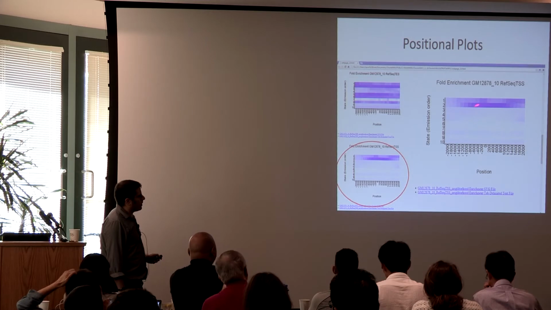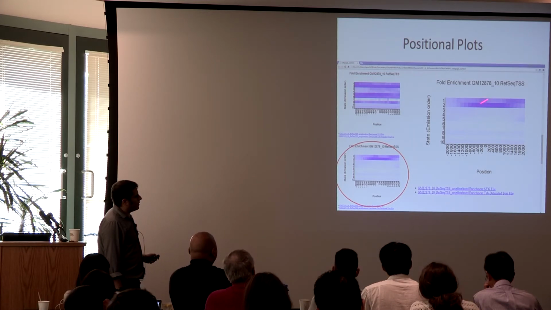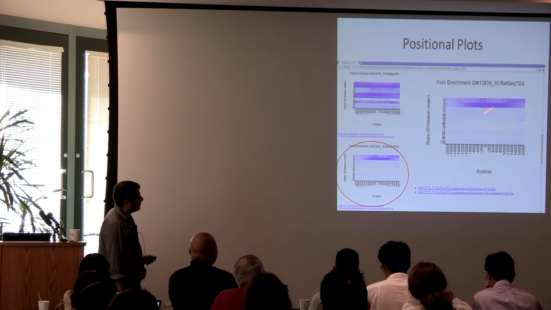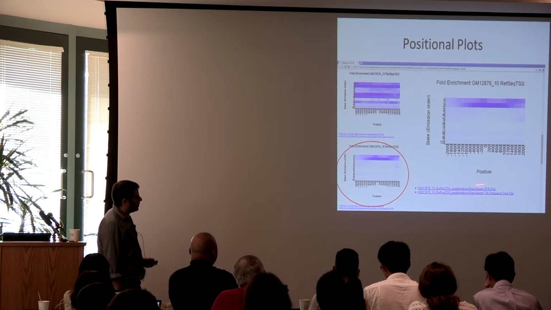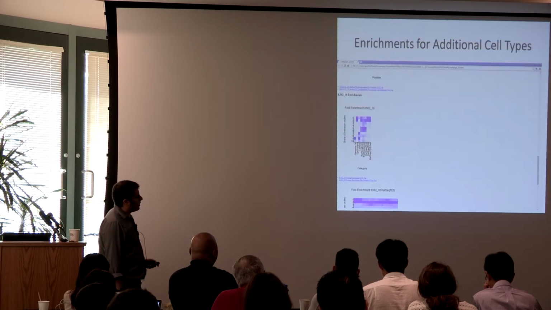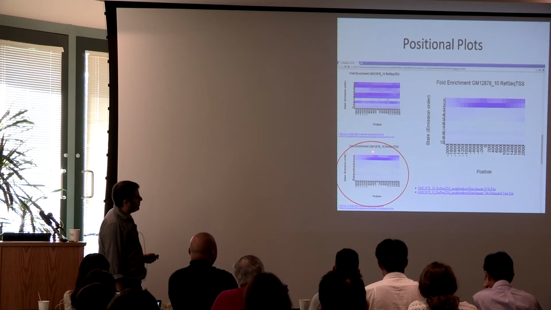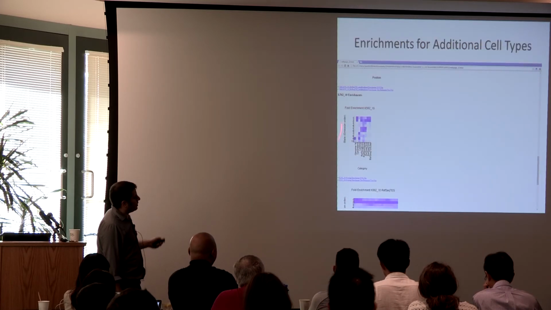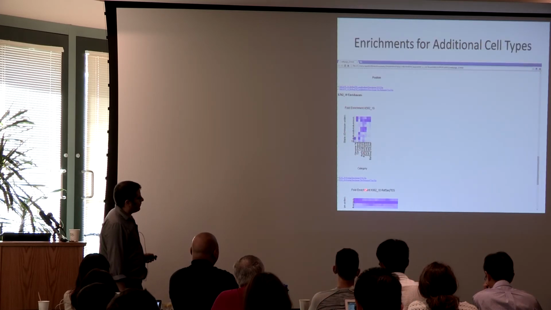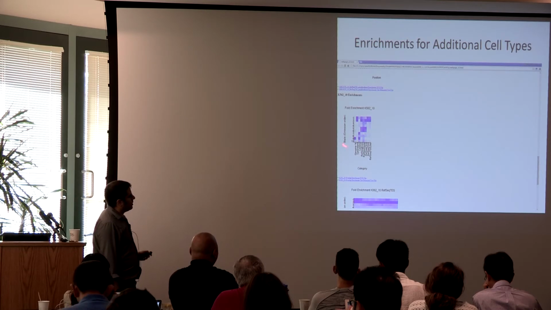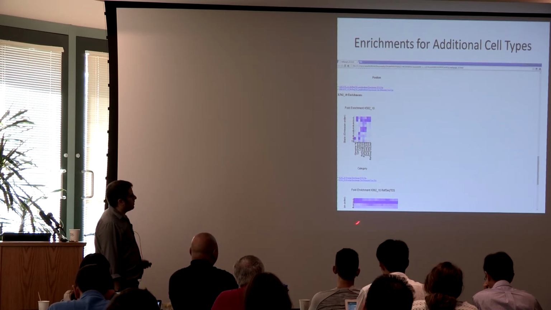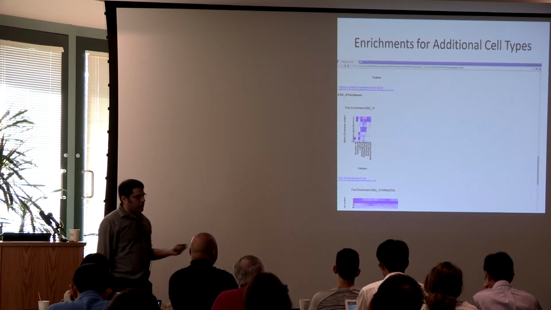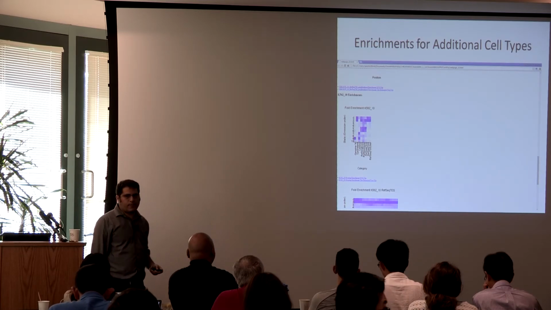It's showing you a greater enrichment in state 2, and to some extent state 1, right around the start of genes. And as before, you can download it as SVG or tab delimited text file. What I was showing you before was all based on GM12878, but it keeps adding these enrichment plots for all the cell types for which the model was learned.